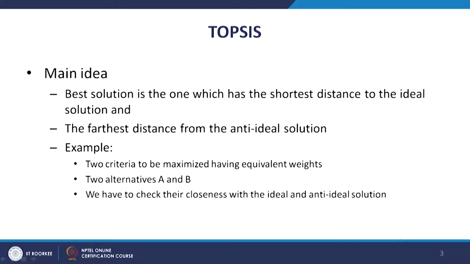The main idea behind TOPSIS is that the best solution is the one which has the shortest distance from the ideal solution. As you will understand as we go along, TOPSIS is a distance based method. We will see those aspects in more detail later in this lecture. But the main idea is that we are looking for the best solution, which has the shortest distance to the ideal solution and the farthest distance from the anti ideal solution.